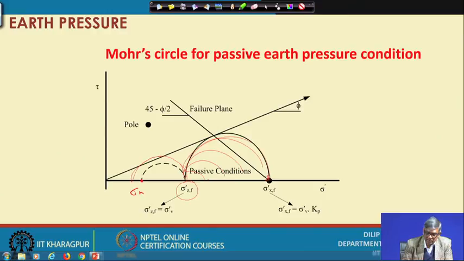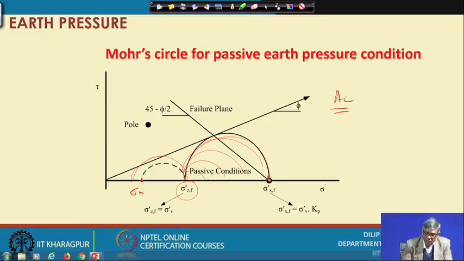And this is the passive case, horizontal pressure is the major principal stress. Active case, horizontal pressure is the minor principal stress, whereas in passive case, horizontal pressure is the major principal stress, because this is larger. You can see from here to here, this is larger.